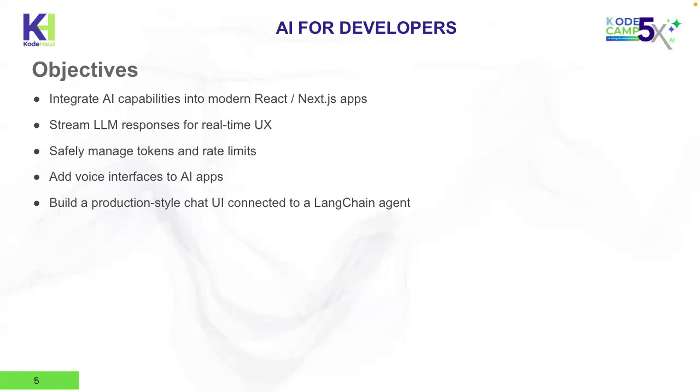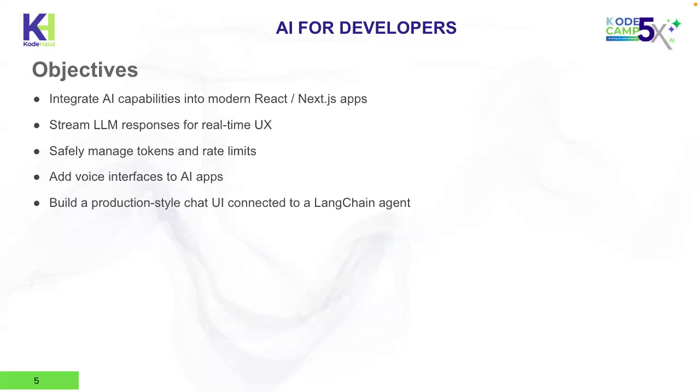Then we're going to look at things like streaming responses, some of the user experience improvements, right? There's what we call streaming, and we'll talk about that. Then the other thing with these AI tools, LLMs and APIs, is that managing tokens and rate limits is very, very important.